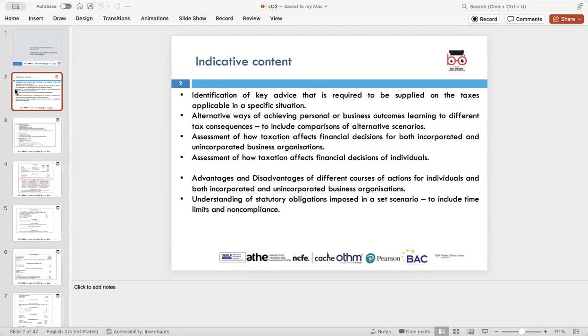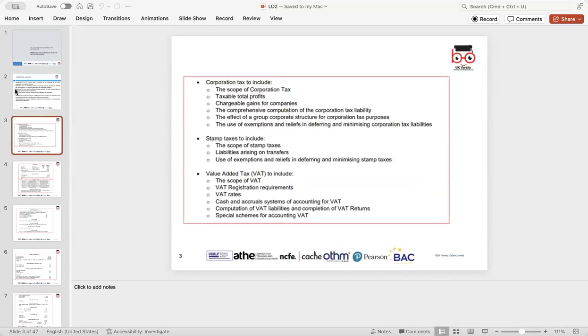The focus will be on understanding key advice requirements in specific tax situations, considering alternative ways to achieve personal or business outcomes with different tax consequences, and assessing how taxation impacts financial decisions. So, we will discuss three key areas of taxation.